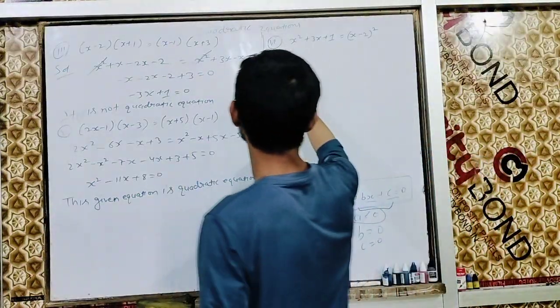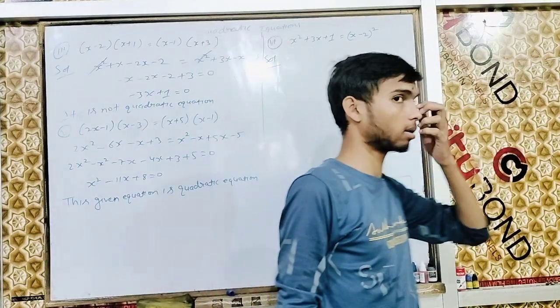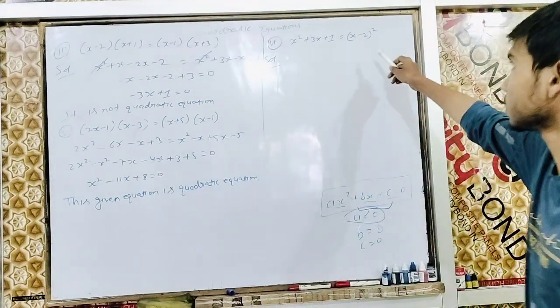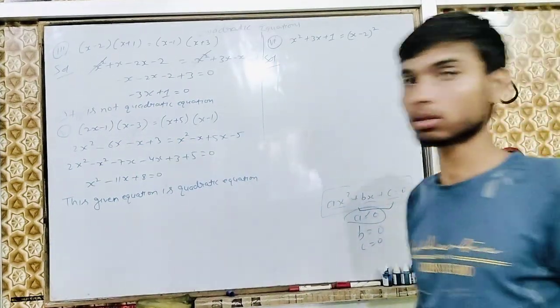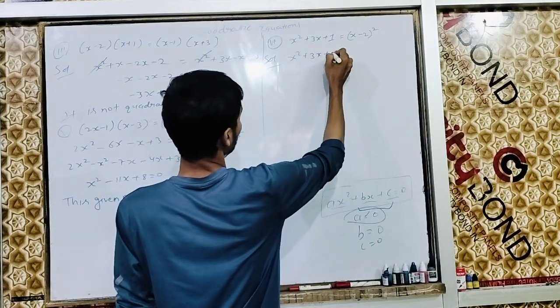Here you can see we can apply an algebraic identity over here, because it is giving us option. That's why it will be as it is x square plus 3x plus 1.